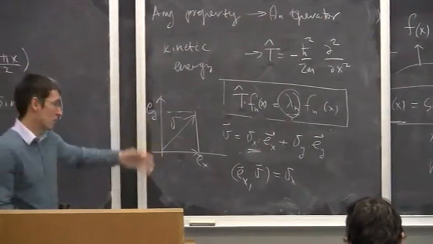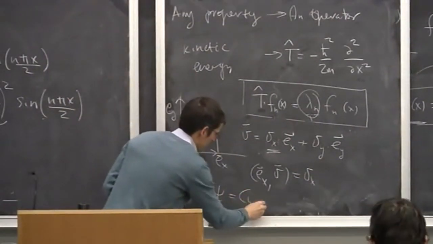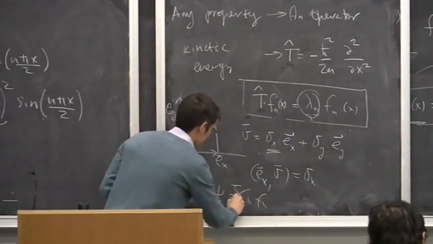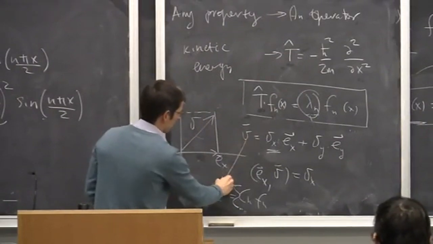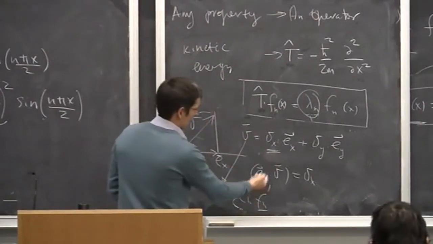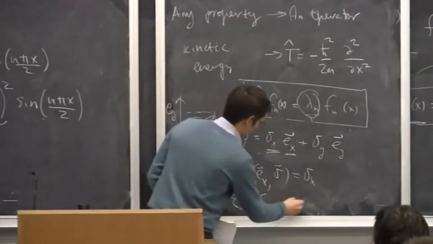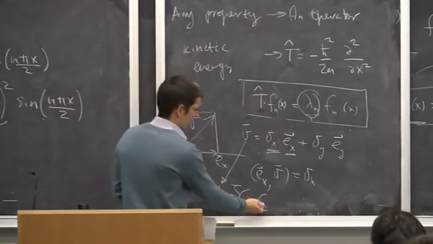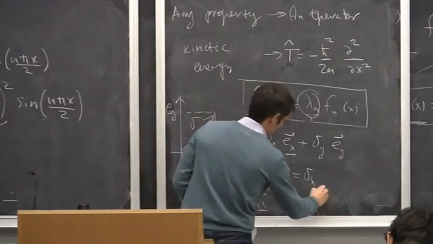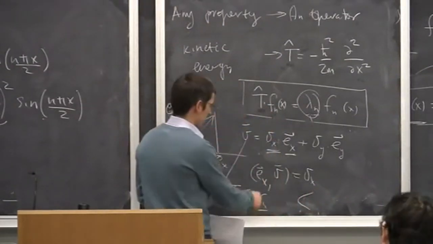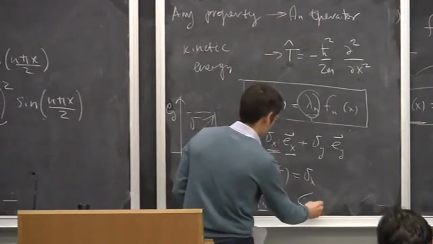So the same thing with functions. Now, psi is equal to the sum of c_n f_n, right? So this is the analog of vector v, and the f_n's are the analog of the basis vectors e_x. So how do we get the coefficient in front of any function? We project, and projection in quantum mechanics is algebraically the same thing.